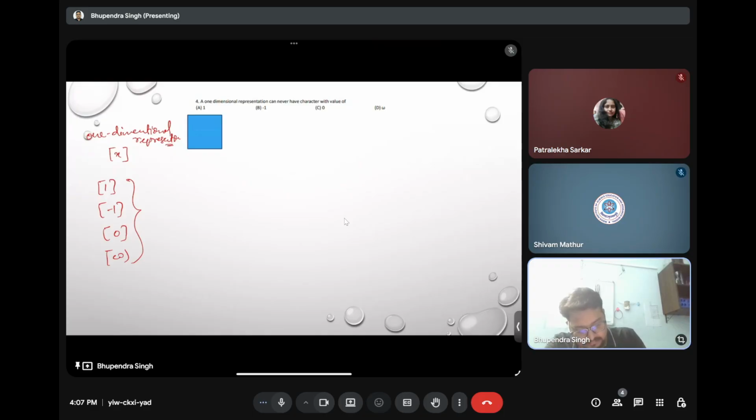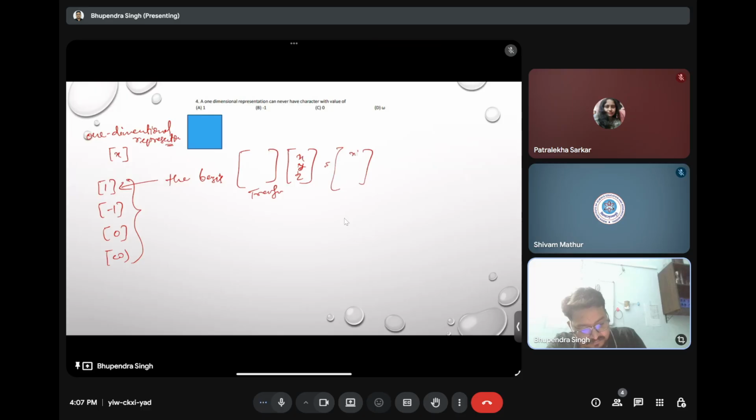So for this one, if your one-dimensional representation is this one, then we already know that this is your transformation matrix, right? These coordinates are your bases.